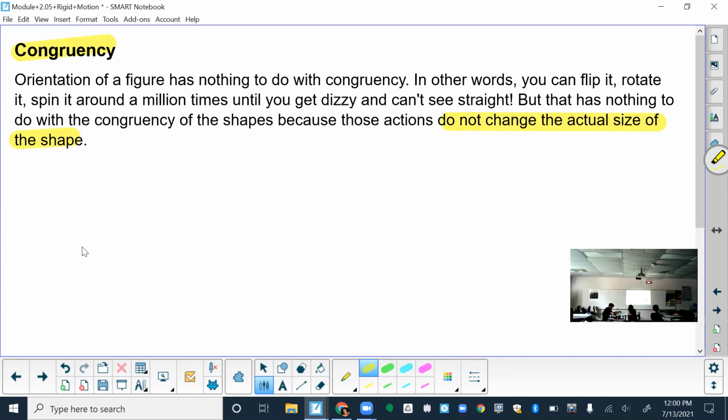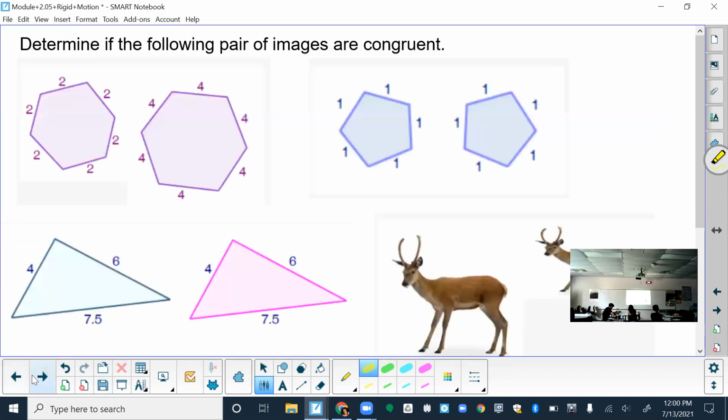So reviewing what congruency means, we have a few pairs of images. So over here, the hexagons, are these congruent? Are they exactly the same length and same angle measurements?